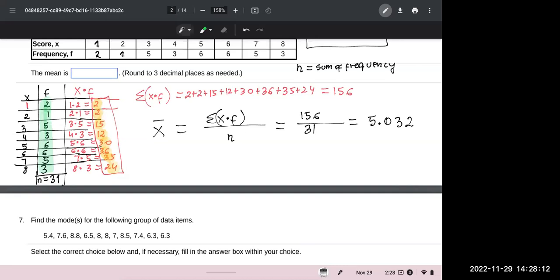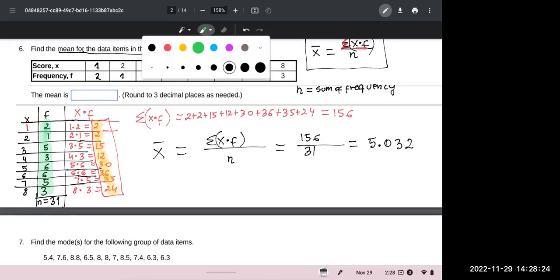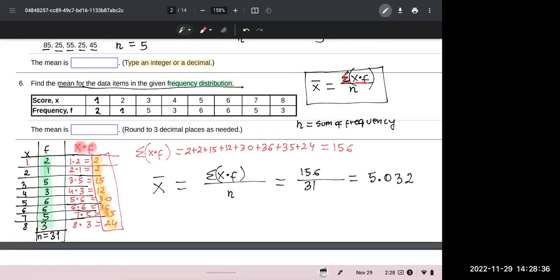So this is how you calculate the mean for a frequency distribution table. We only do that when a frequency distribution table is given. You always have to create that extra column where you multiply each number by its frequency, and then add those products. Probably that's one of the formulas you want to put on your reference sheet.